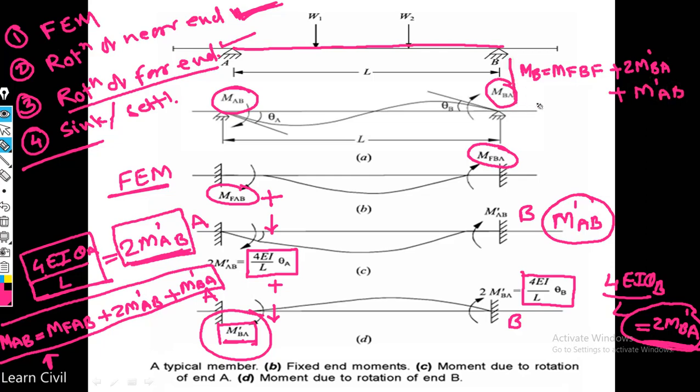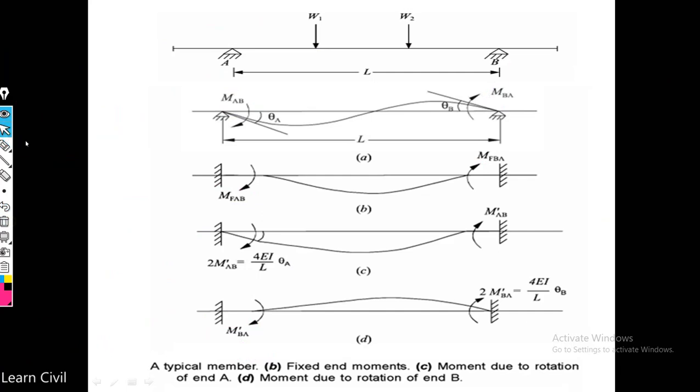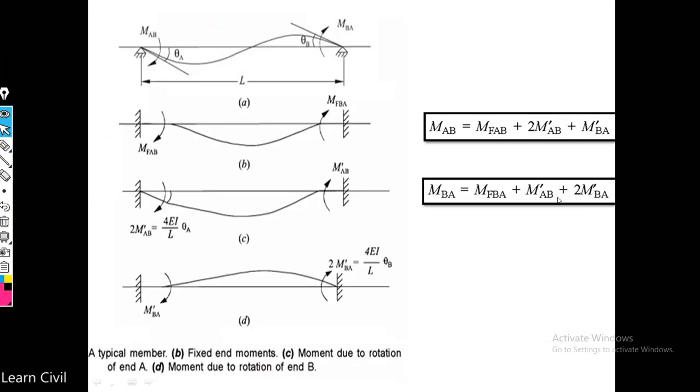This will be the final equation for bending moment MBA. This can be illustrated in the next slide. You can see here the bending moment MAB is equal to the fixed end moment MFAB plus 2m' AB, which is equal to 4EI theta A upon L.